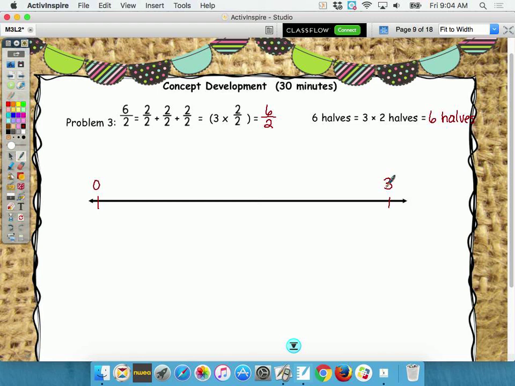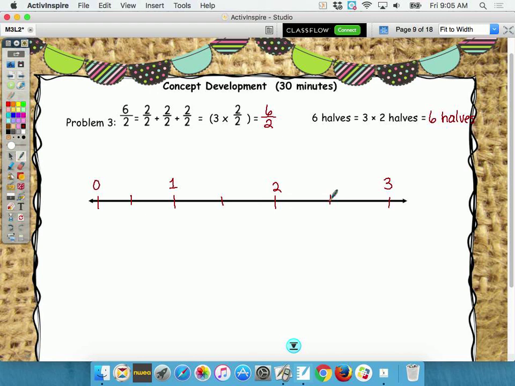Okay, so now I've got to mark my whole numbers first. 1 and 2. Now what's the denominator? 2. Right, halves. Okay, so 1 tick mark between each whole number would show halves. Okay, so we'll start with going to 2 halves. Anybody know where 2 halves is?